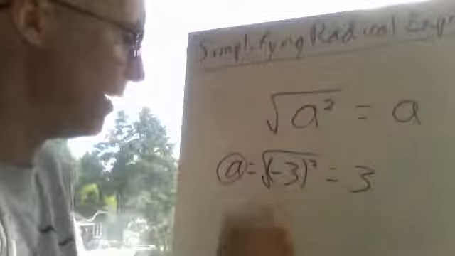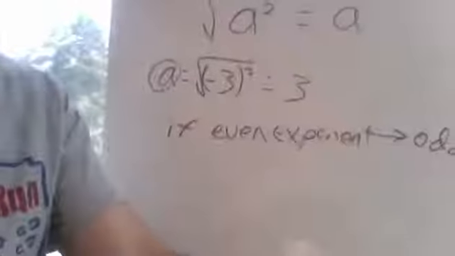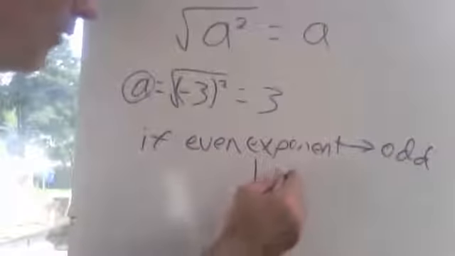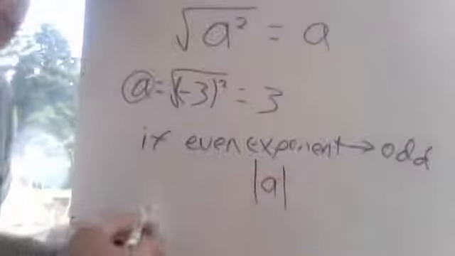So here's the technicality, and I hate to do this to you. If it's an even exponent going to an odd exponent, then you have to use absolute value symbols around it.